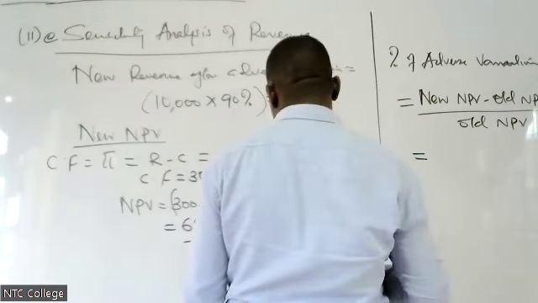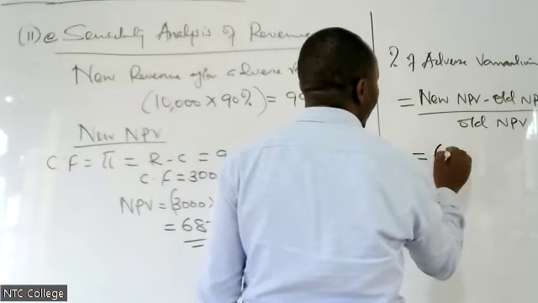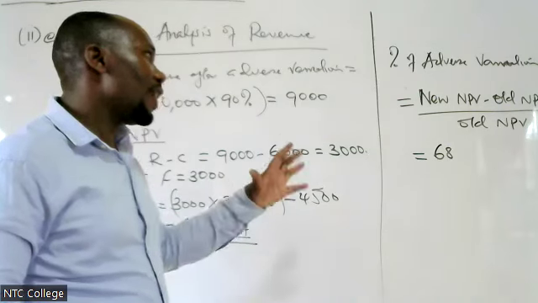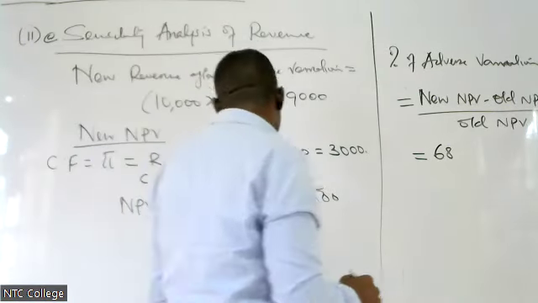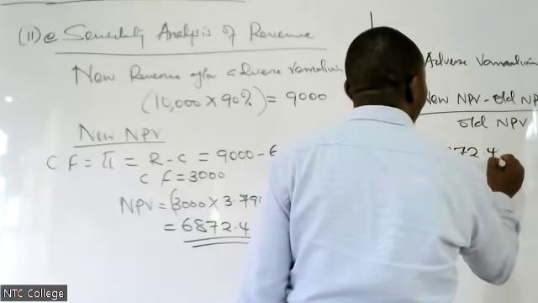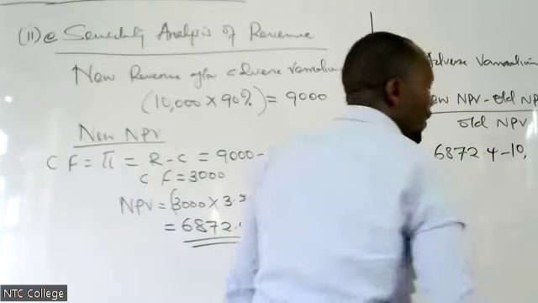So we have 6,068.724 minus 10,000, all over 10,000. I know that 6 minus 10 is negative 4. Ignore the negative sign, even if you get it.